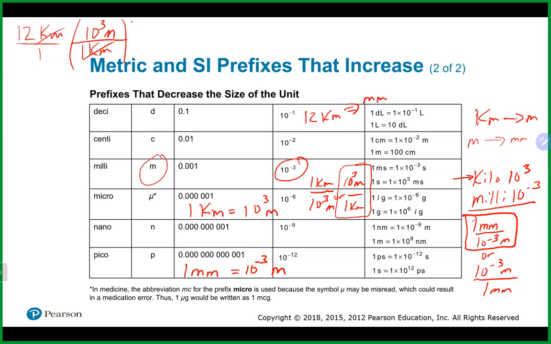And that would give me 1 millimeter is 10 to the minus 3 meters. Once again, the meters on top will divide out the meters on the bottom. And what we are left with at this point is millimeters up on top, which is the unit that we're actually looking to end up with. Any questions on that setup there?